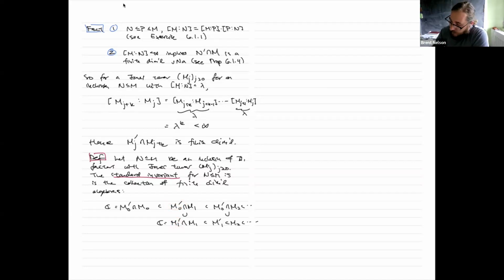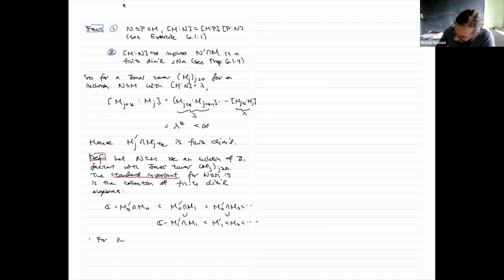Okay, so I get a bunch of finite dimensional algebras all sitting inside of each other. Here's the complex numbers, then there's this thing sitting inside this, and then I have this kind of ladder of inclusions. And this turns out to carry a significant amount of information about the inclusion. It doesn't completely determine the inclusion N inside of M. Let me state that explicitly.